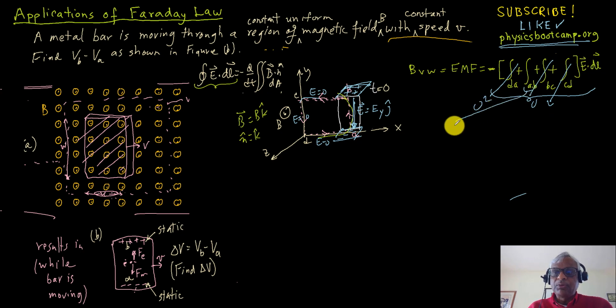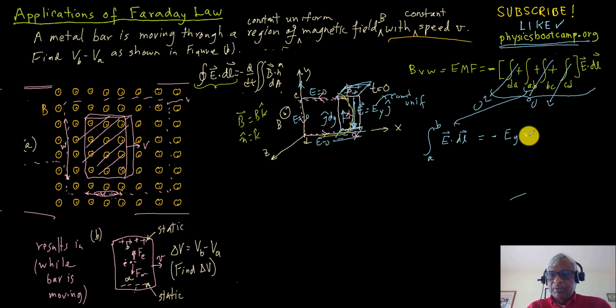So I need to do the integral from A to B of E dot dl. Now dl is pointed in the j hat direction, so that's like a j hat dy, and if I do the integration, this will be minus EY. It's going to be constant, or uniform.